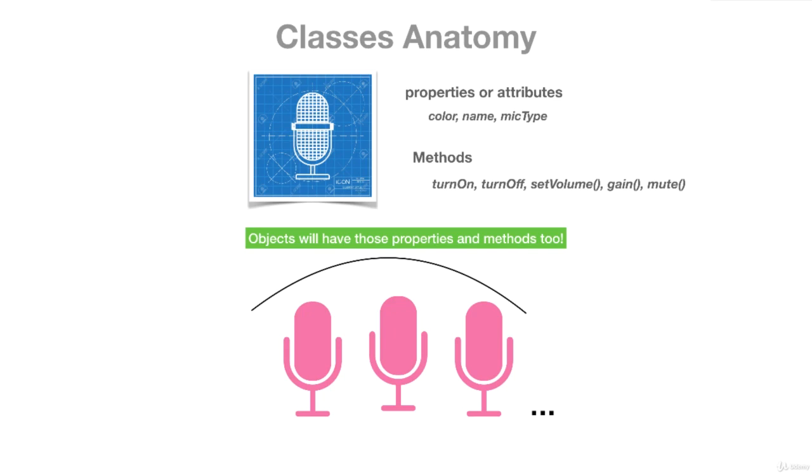So classes are the building blocks, if you will, of the object-oriented programming paradigm. This is a very important concept. A lot of people get confused with this concept, but if you look at it under this light, then you notice that it's not as complicated as it's made out to be.